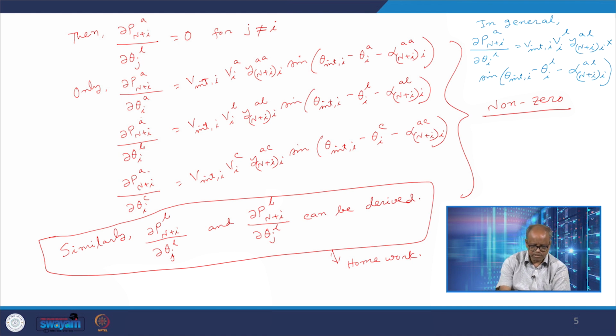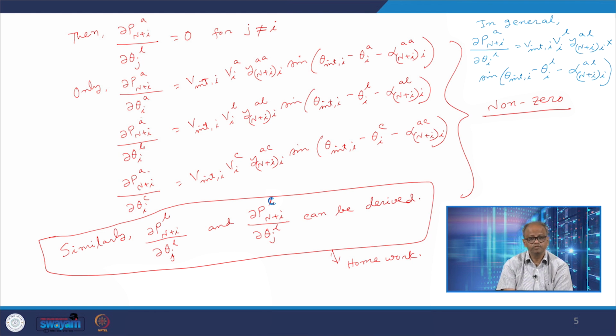Similarly, the general expression for del Pn plus Ib by del theta JL, and del Pn plus Ic by del theta JL can be derived.